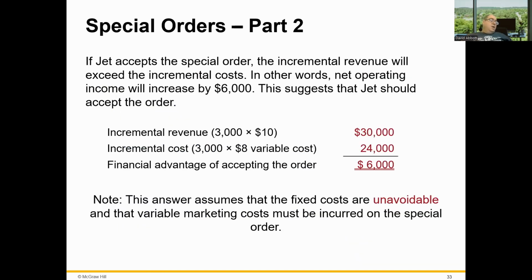Now, if Jet accepts the special order, the incremental revenue of 30,000 will exceed the incremental cost of 24,000 by 6,000. This suggests that Jet should accept the order. Now, notice that this answer assumes that the fixed costs are unavoidable and that variable marketing costs must be incurred on the order.